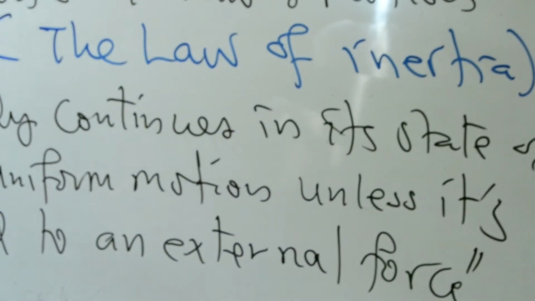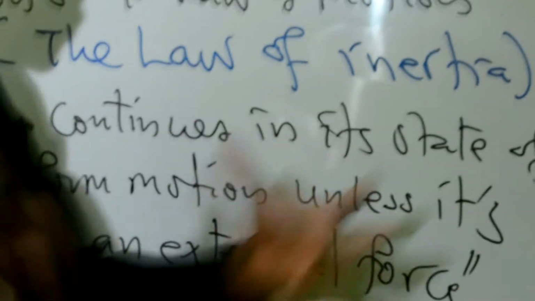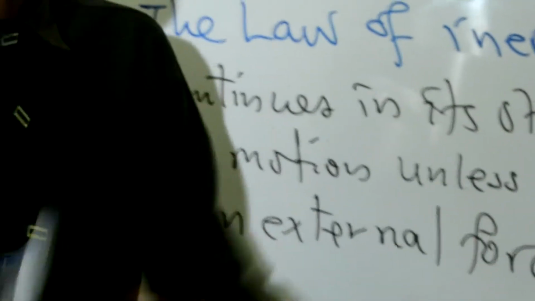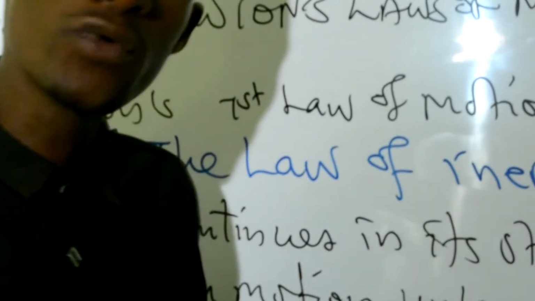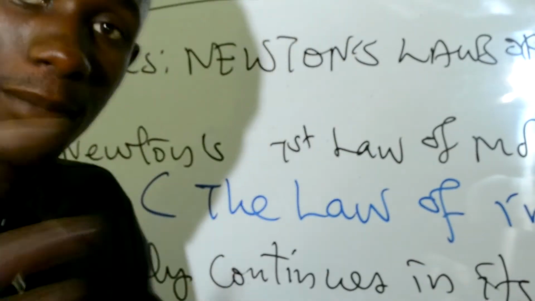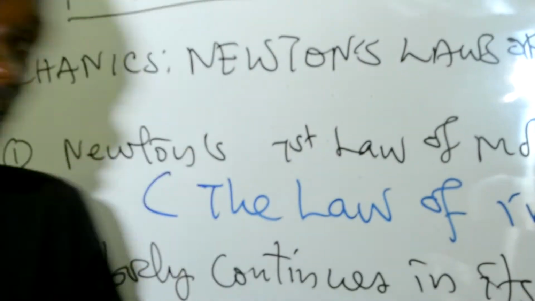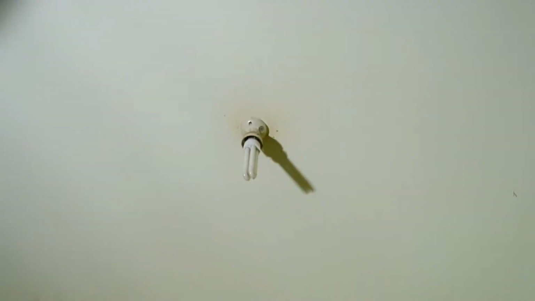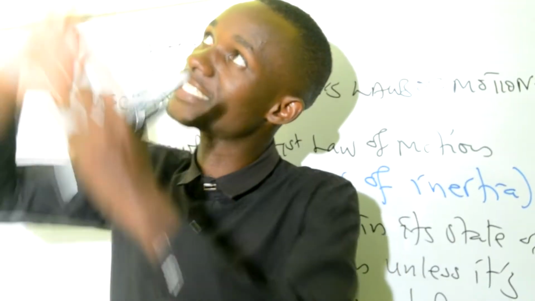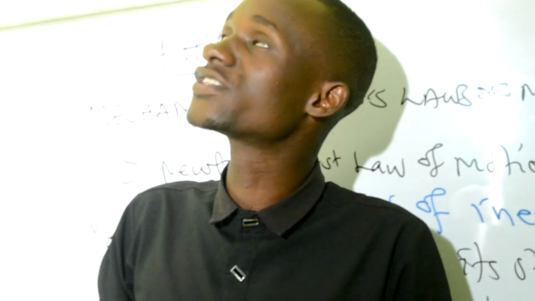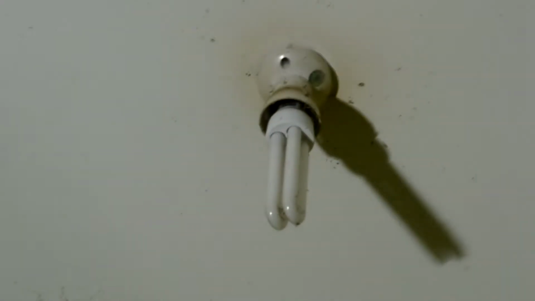So Newton said every body will continue to be in its state, whether of rest or moving in a straight line with constant velocity, if there is no external force applied to change that state of the body. For example, the lamp on the ceiling will proceed to be at rest if there is no external force applied to remove it.